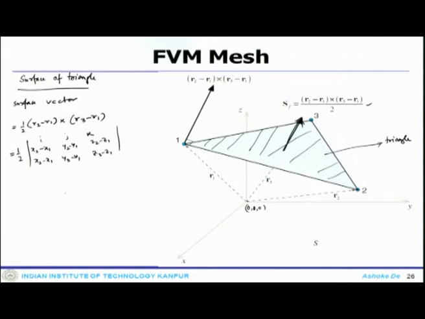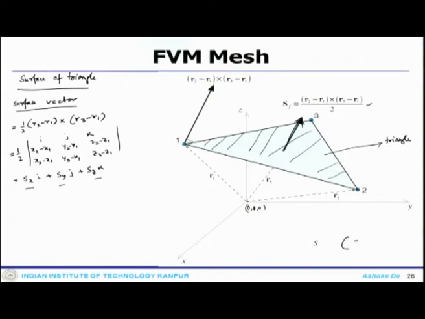So, in a more generic sense, this is nothing but Sx i plus Sy j plus Sz k. So, there are three components in each direction. So, essentially we are talking about the surface vector. Surface vector being a vector quantity, it has three different components.